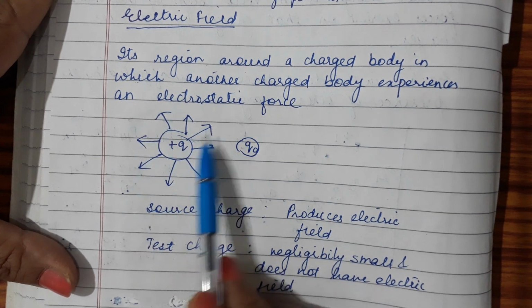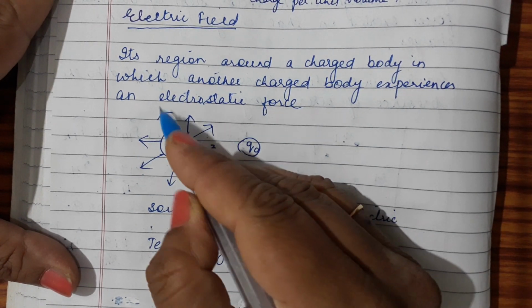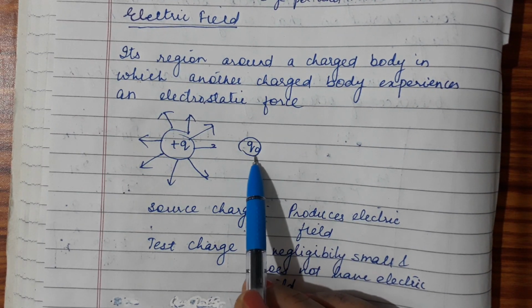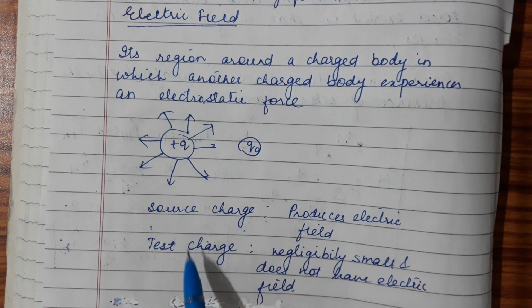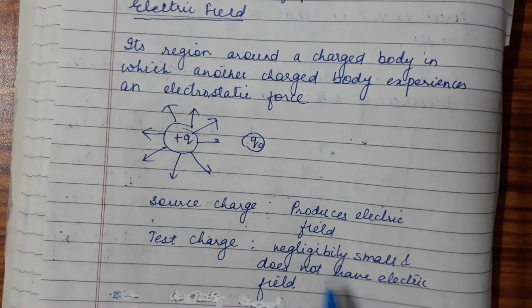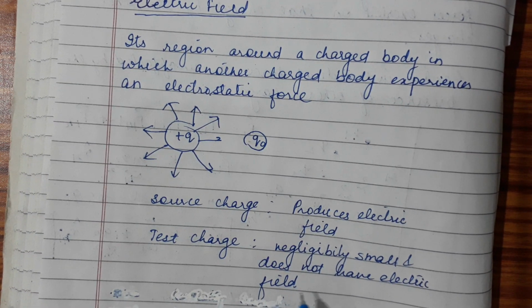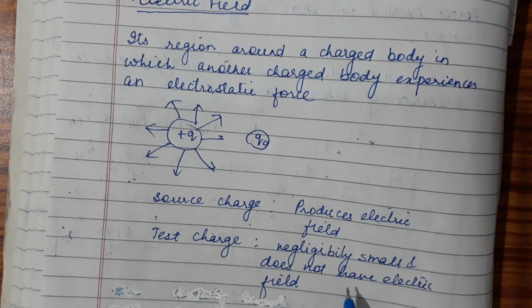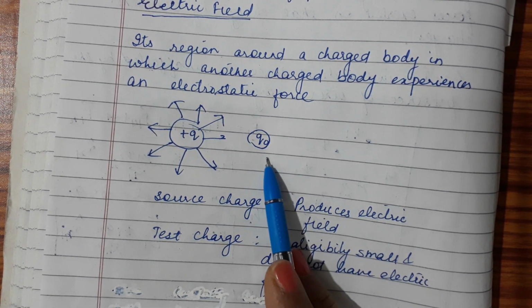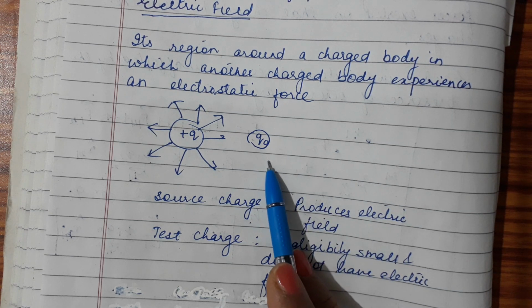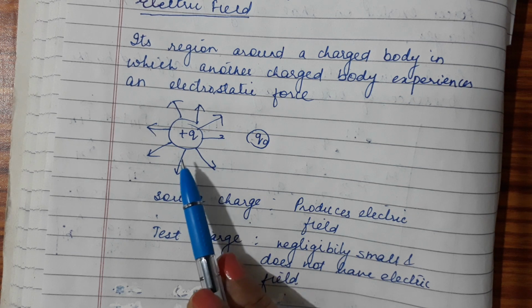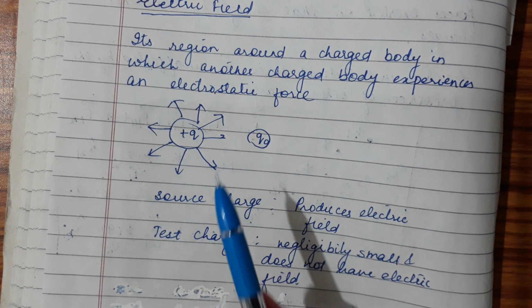So plus q charge will produce an electric field around it, but this q0 charge, the test charge, is considered very small, negligible, and does not have any electric field. But the source charge produces the electric field.